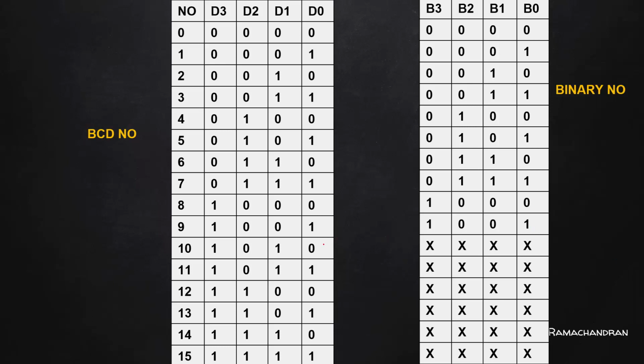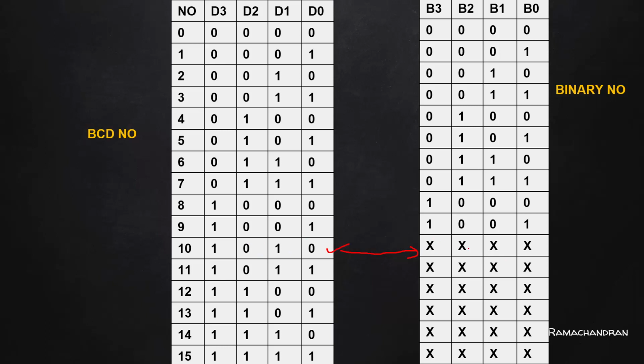Beyond that, the BCD pattern is given like 1010 in this input table. But is it a valid BCD? No, this 1010 pattern is not a valid BCD. So for this particular BCD pattern, we can't derive an equivalent binary.